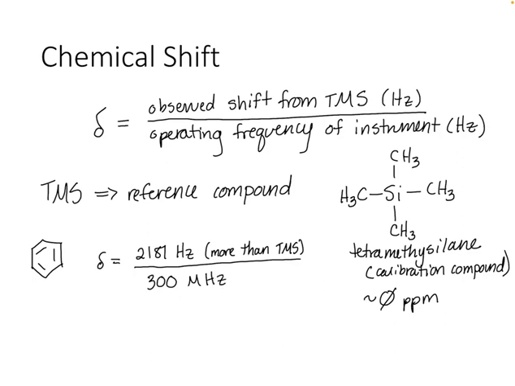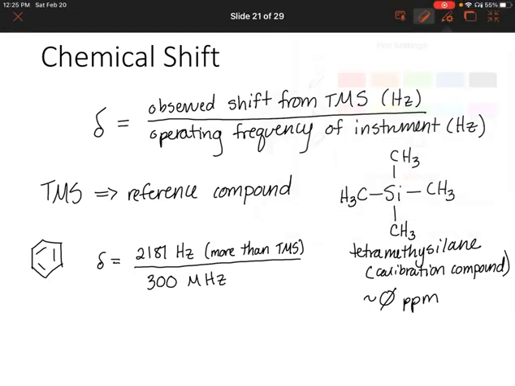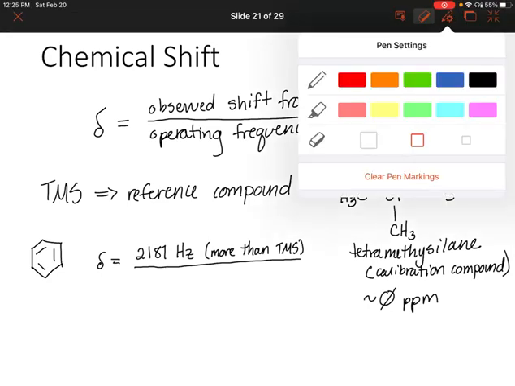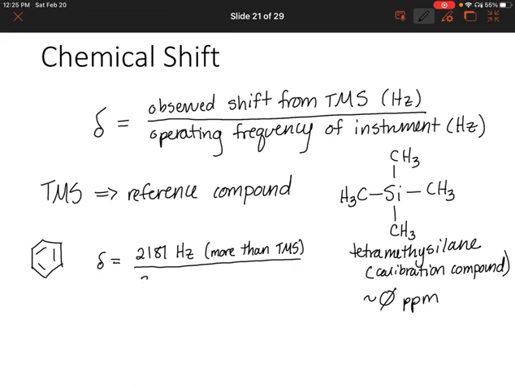Now, we obviously need to convert that to hertz, and I'll just do that for you. It's going to be 300 times 10 to the 6th hertz. And if we plug that into our calculator, we get a value of 7.27 times 10 to the negative 6th.